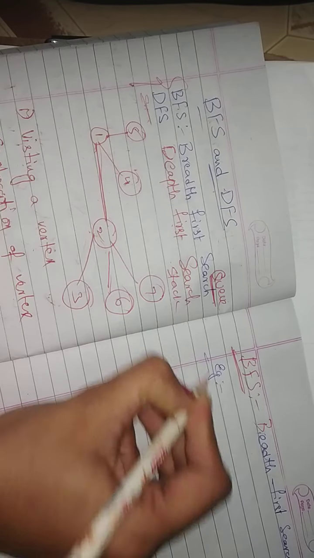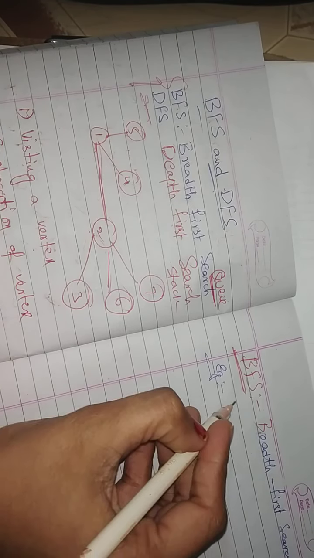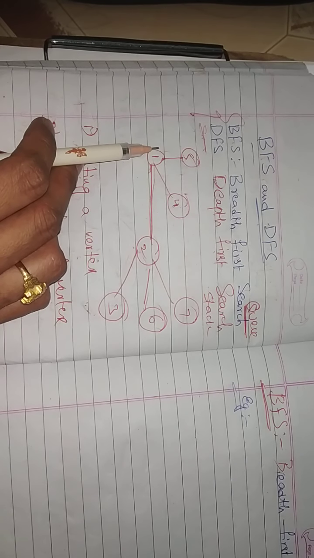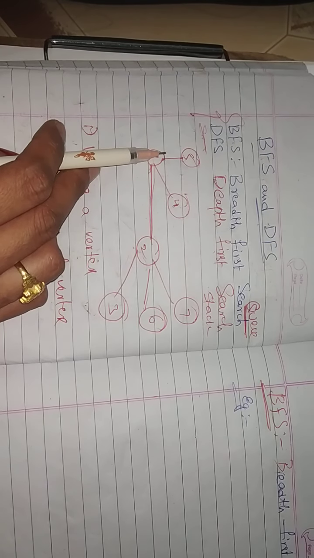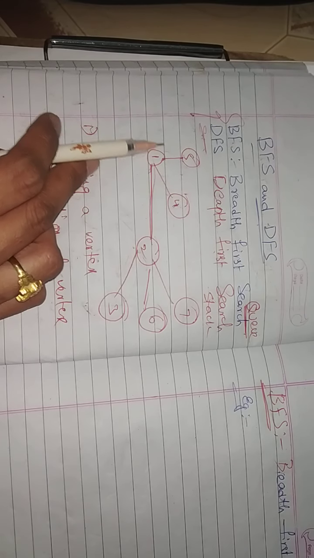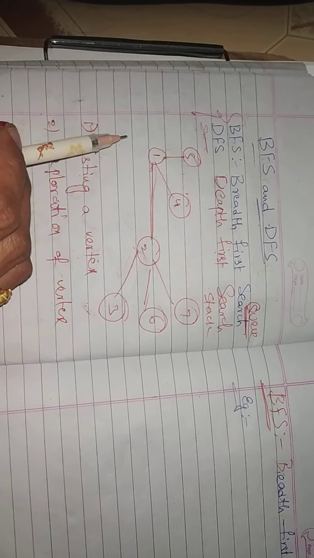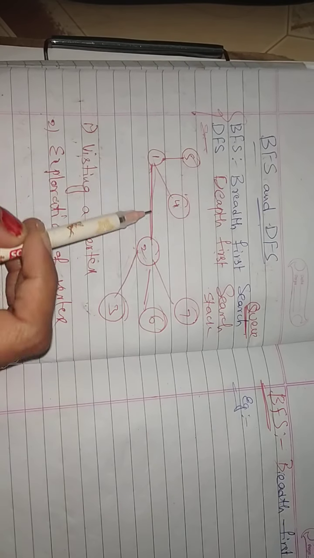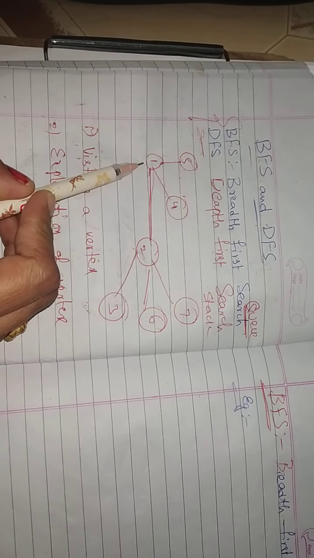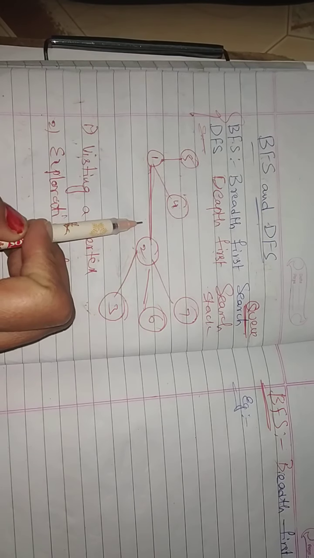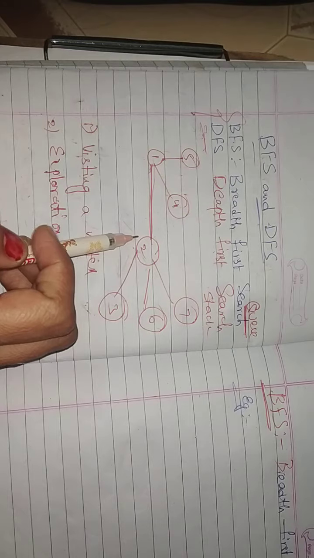Actually, first I am going to write the answer. Breadth first search means in the background a queue is used as a data structure. The rule is first visit a vertex, and then explore the connected vertices. What are the connected vertices?